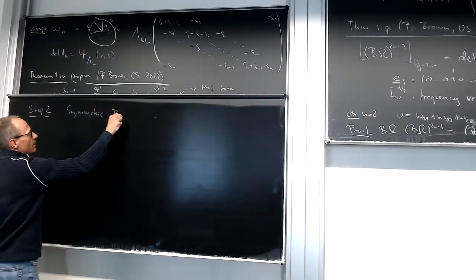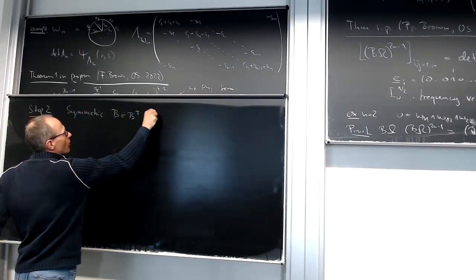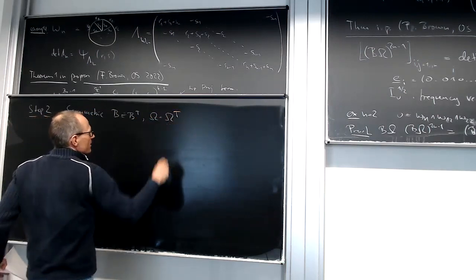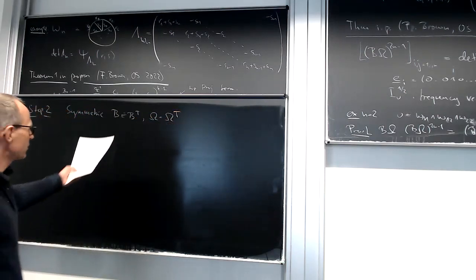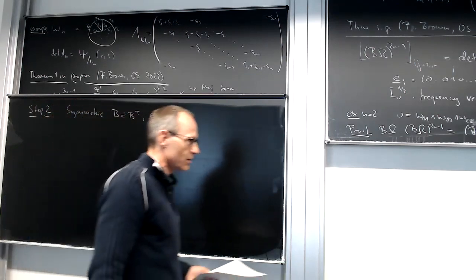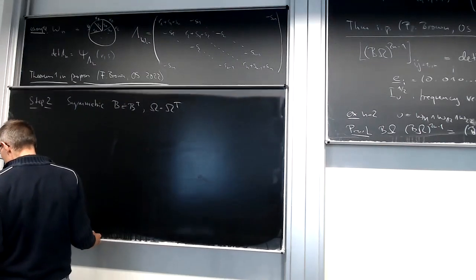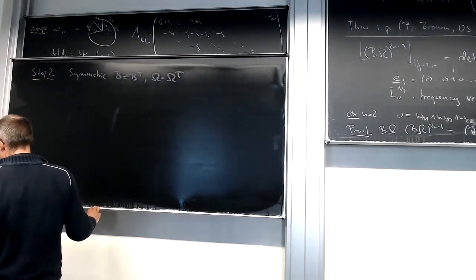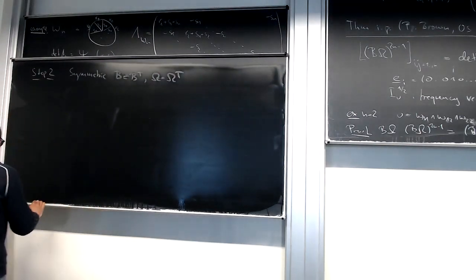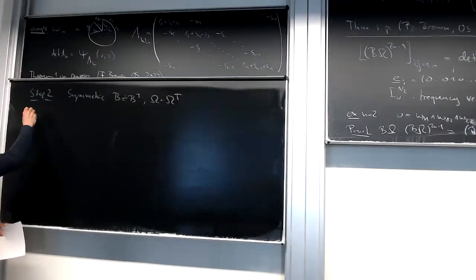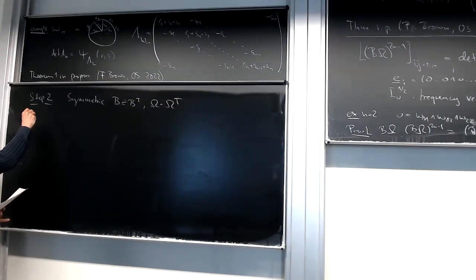Symmetric B transpose and omega. And it's sensible to do both simultaneously. It's not a good idea to only make omega symmetric and leave B non-symmetric. I only do a special case because that's what Francis has proved.